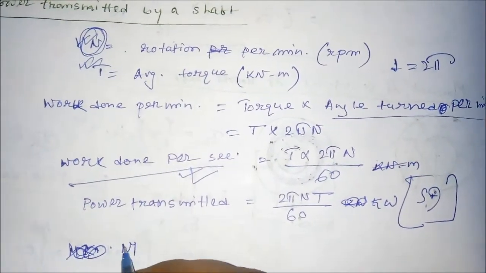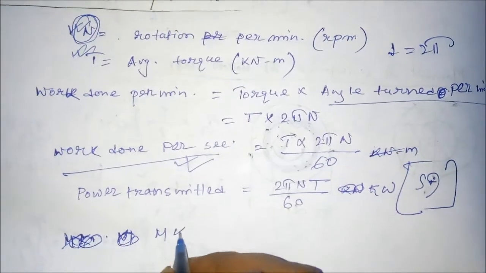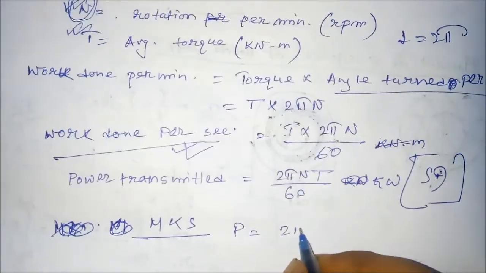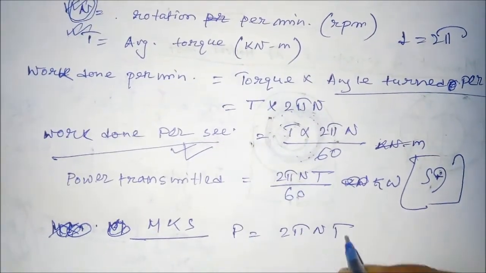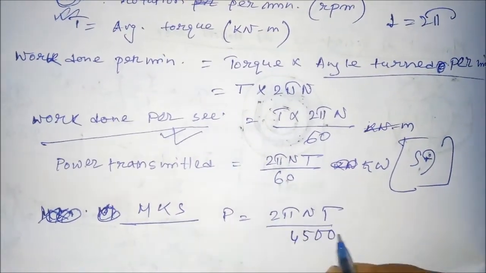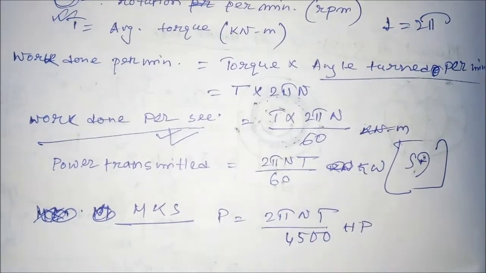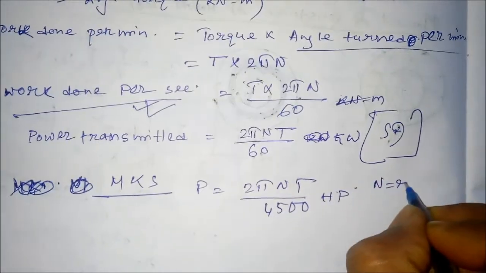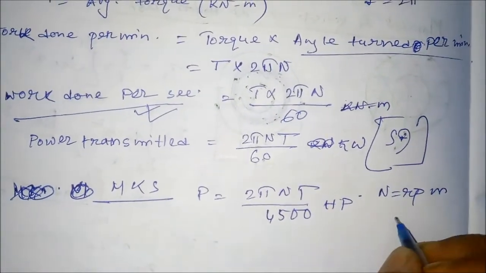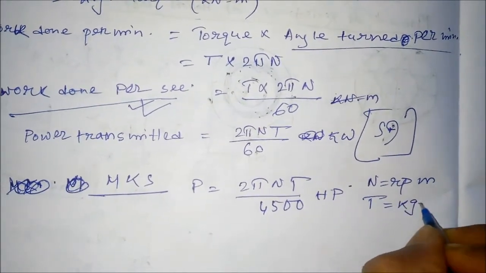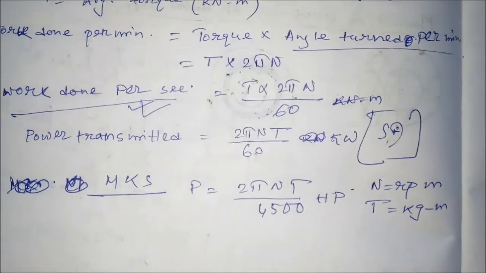Now if you consider the MKS unit, in MKS unit, power transmitted P will be equal to 2 pi N T by 4500. This will be in horsepower, where this N will be in rpm, revolutions per minute, and T, the average torque, will be in kg meter, right?